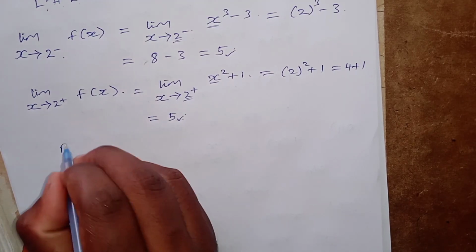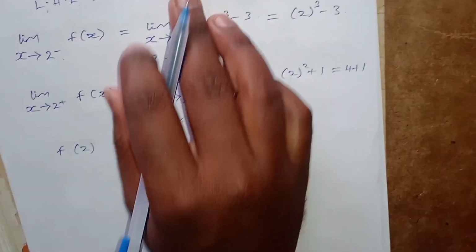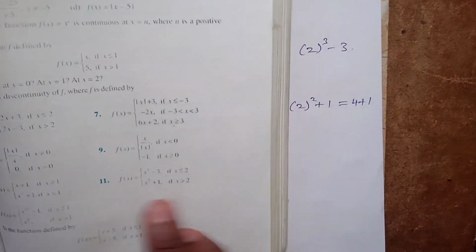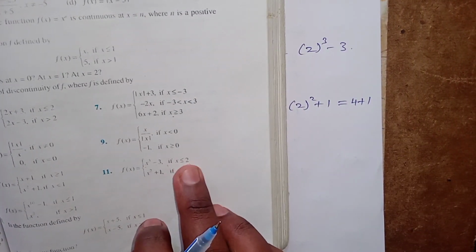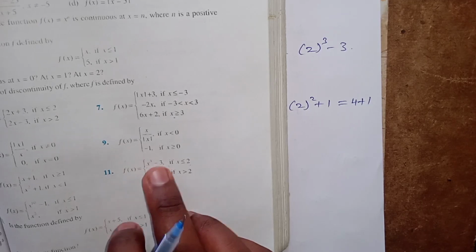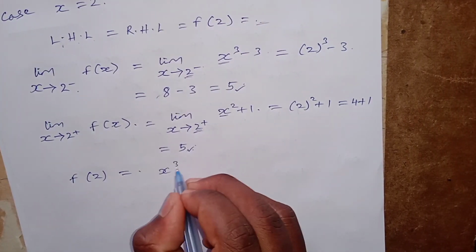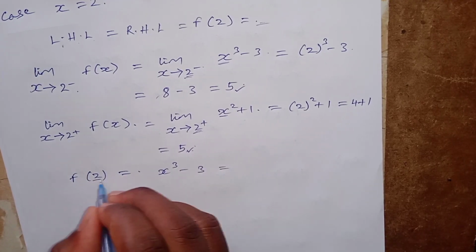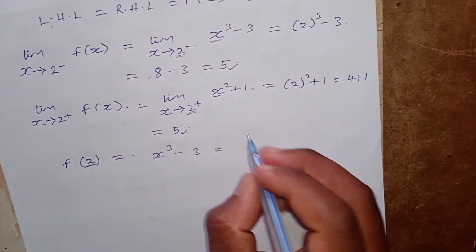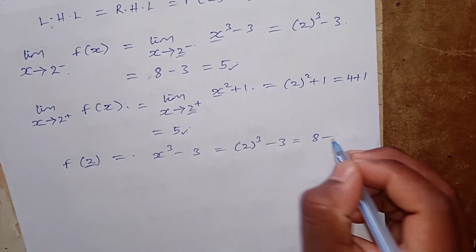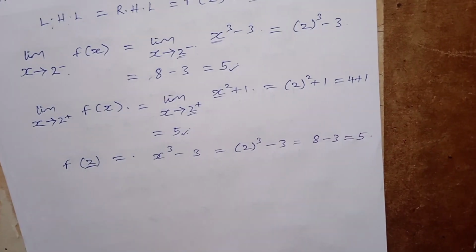Next you have to check at point f of 2. Here less than or equal to, I have to take x cube minus 3, this is my function. In the place of x, here 2, substitute 2 cube minus 3, 2 cube is 8, 8 minus 3 is equal to 5.